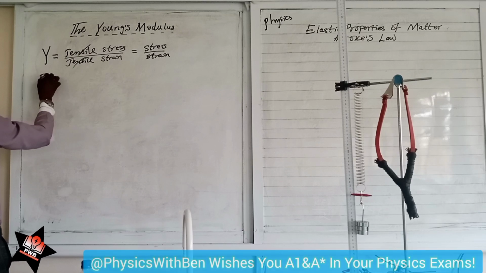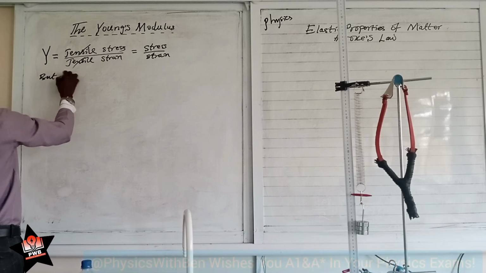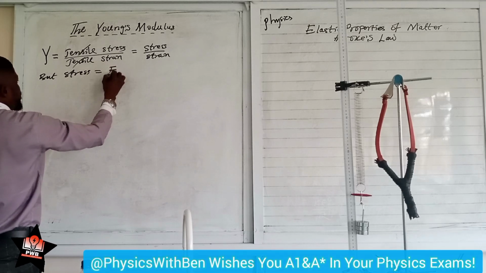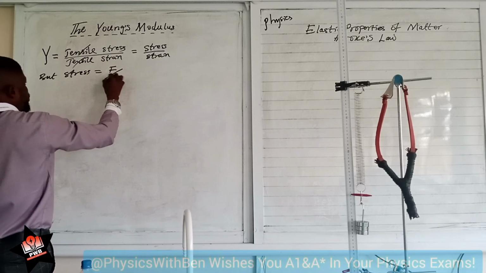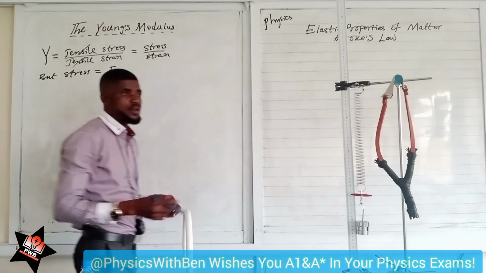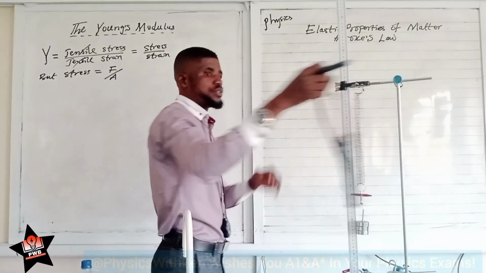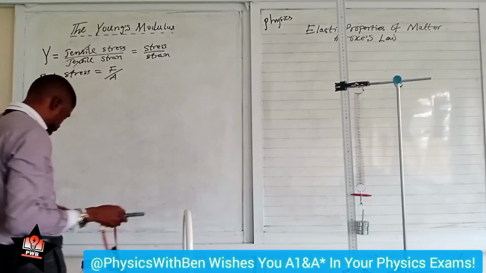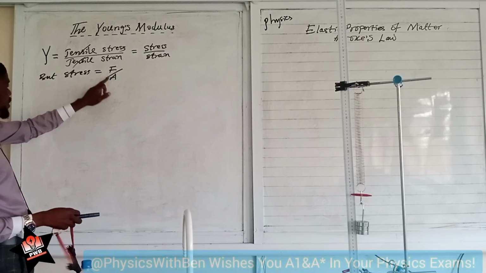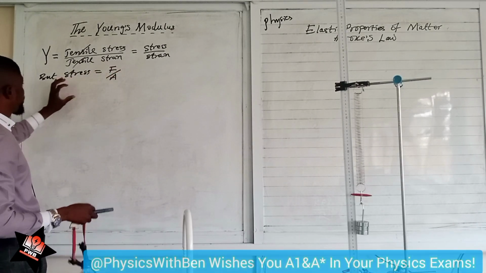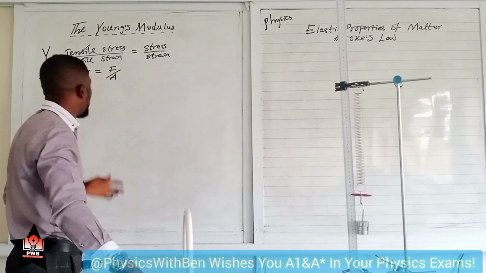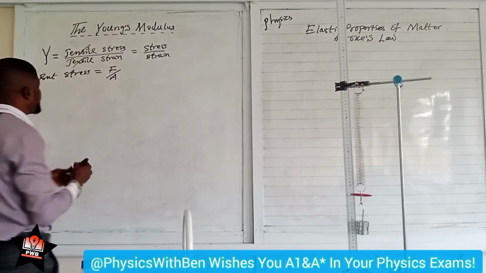But stress is given as the ratio of force to the cross-sectional area. This rubber band has a cross-sectional area. What we are trying to say here is that an increase in the cross-sectional area will cause a decrease in the stress and vice versa.